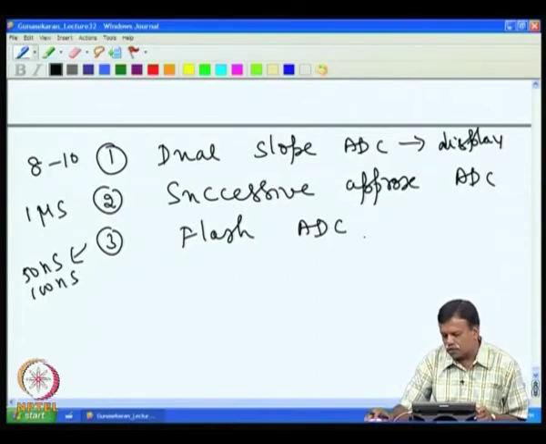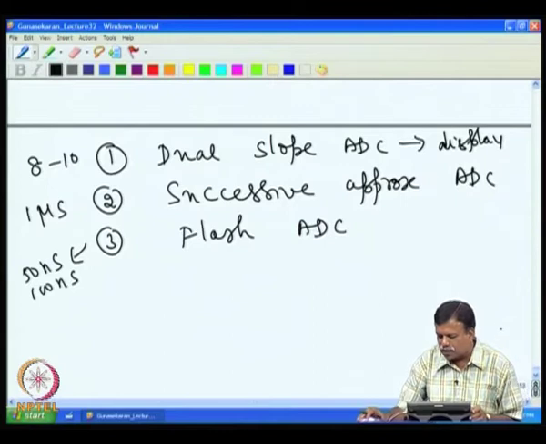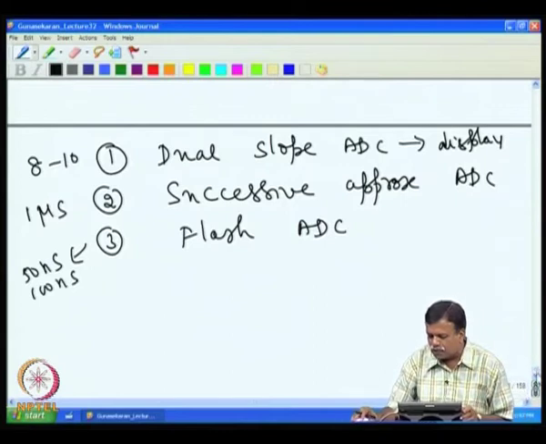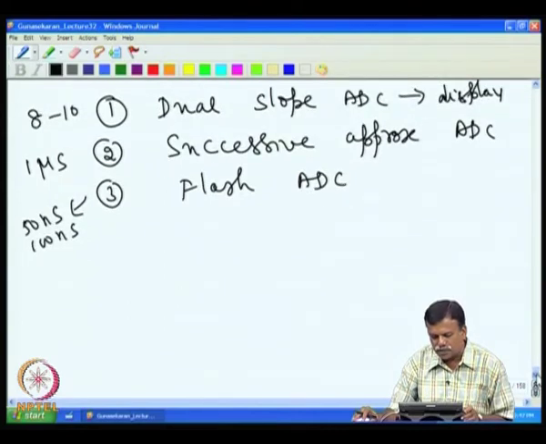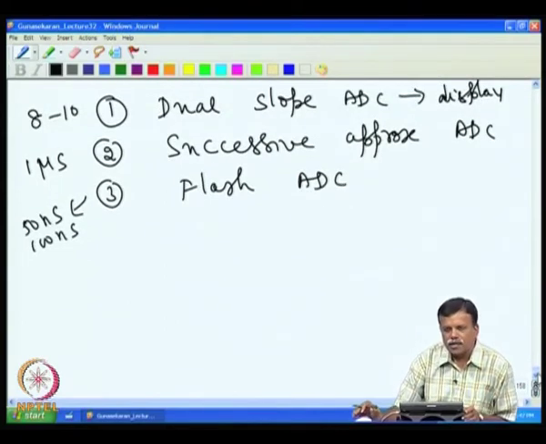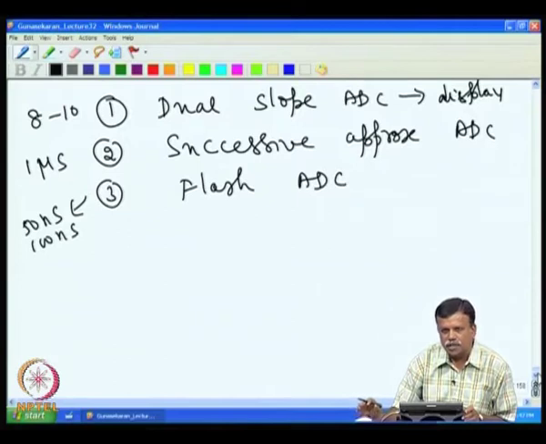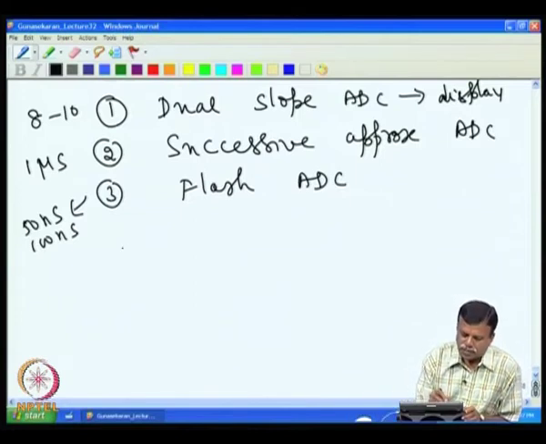Now, in all these things we have issues, because all these A to D converters have voltage dividers, or compare voltages, and so on, before the final conversion is achieved. They all have errors.